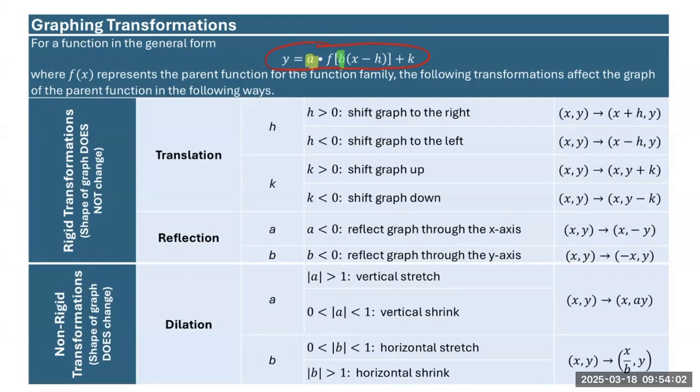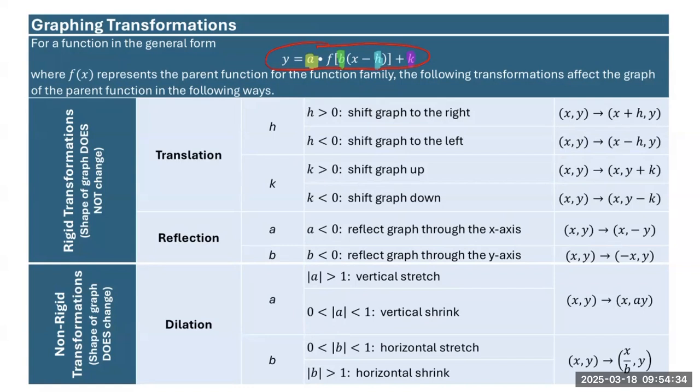Then we have an h value, which is getting subtracted on the inside of the function. And finally, we have a k value here, which gets added to the outside of the function. So two values that are getting multiplied, two values being added or subtracted, and it just depends on whether it's happening outside of the function or inside of the function as to what effect they will have.